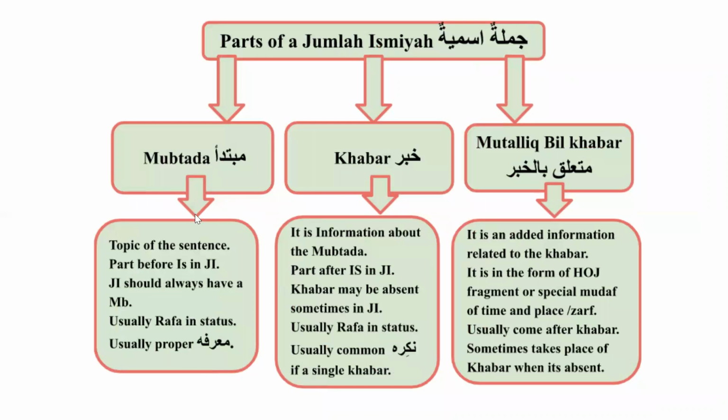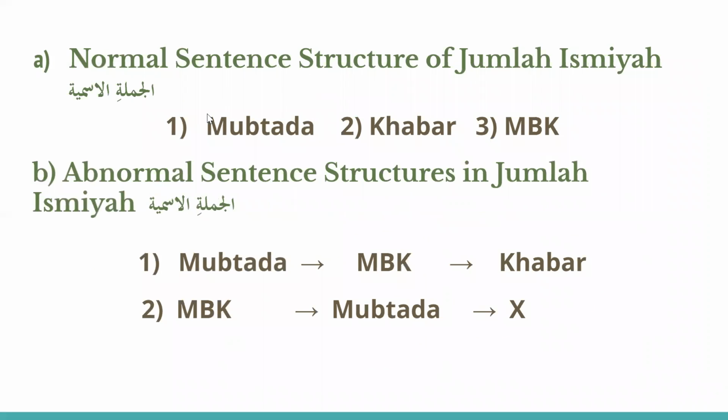This is the normal regular sentence structure we learned so far in our previous lesson. Mubtada, khabar, mutaliq bil khabar. I wrote the normal sentence structure again in this slide. Mubtada, khabar, mutaliq bil khabar. Now there are two possibilities of unusual or abnormal sentence structure we can encounter.